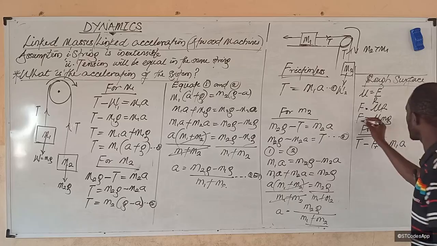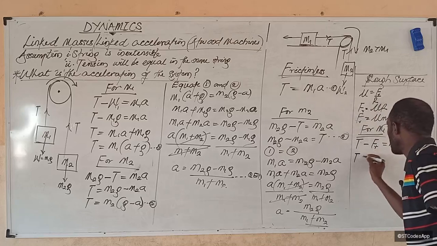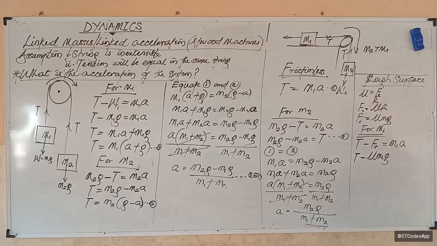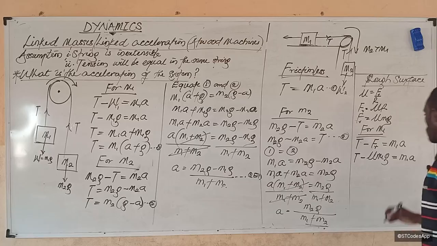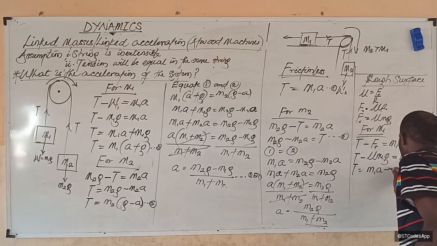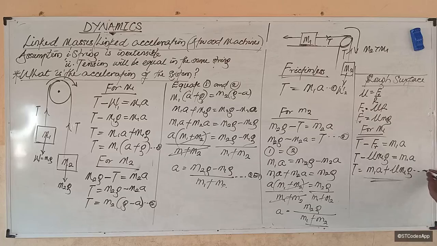Friction is mu M1G, so we have T minus mu M1G equal to M1A, because it's for body 1. In this case, T therefore becomes M1A plus mu M1G. So this is equation 1.